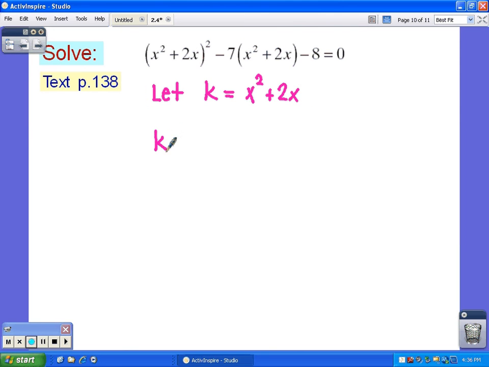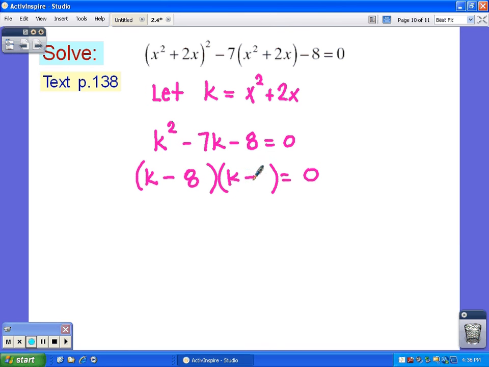When I plug that in, I would get k squared minus 7k minus 8 is equal to 0. We're doing this so that we can factor this a little bit easier. Notice when we plug the k's in, it's very easy to factor this. This would be k minus 8 and k plus 1.